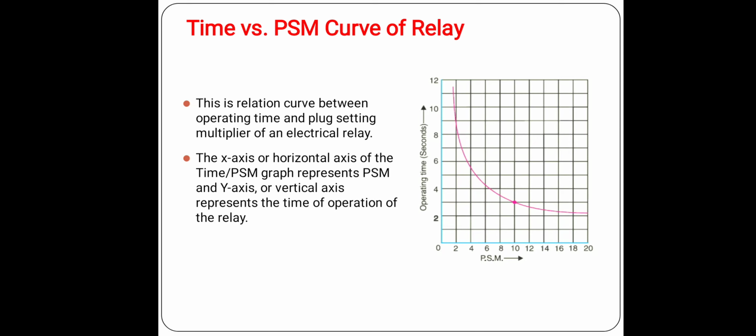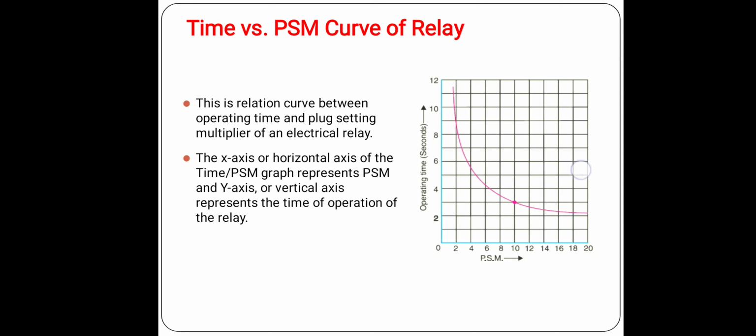So this curve basically gives the information about the operating time at different plug setting multiplier values. This is very important for the calculation of relay operation time.